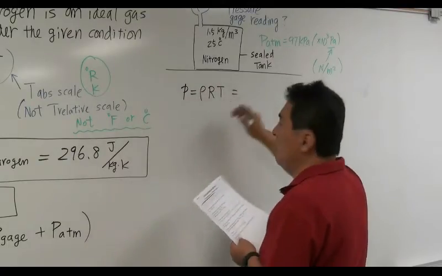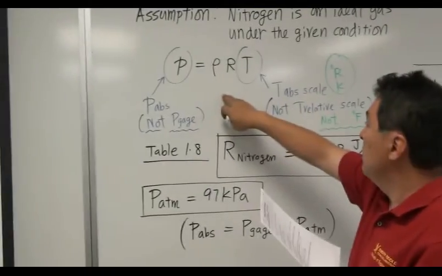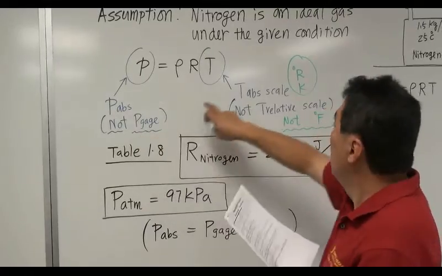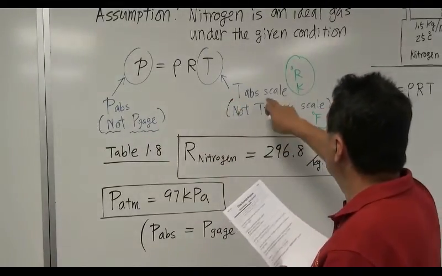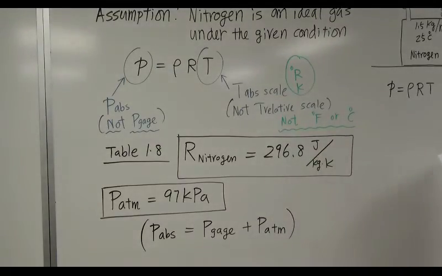Now, the important thing here, once again, if you use this equation, pressure must be absolute, not the gauge pressure. Temperature must be absolute scale temperature. Okay, let's be careful about that.